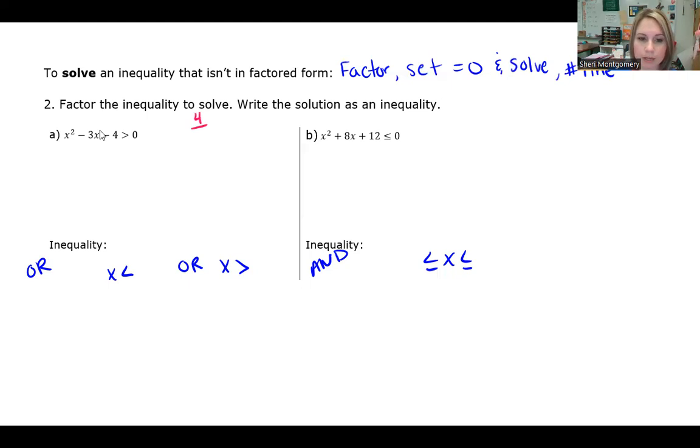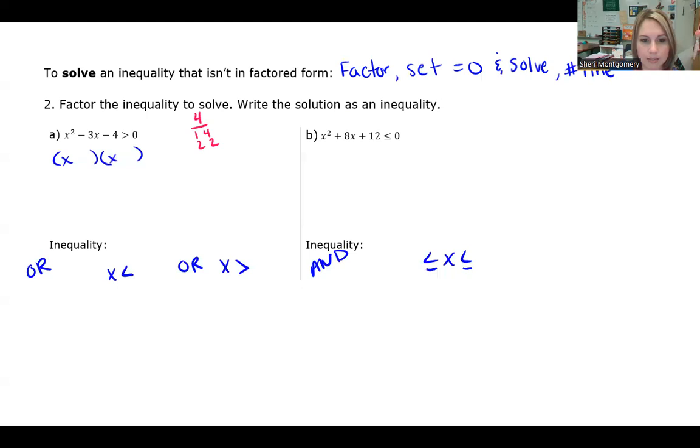There's a short list, factors of 4, 1 and 4, 2 and 2. We're looking for the pair of them that we could put together to make 3. 1 and 4. So when I set this up, I'm ready to make parentheses.